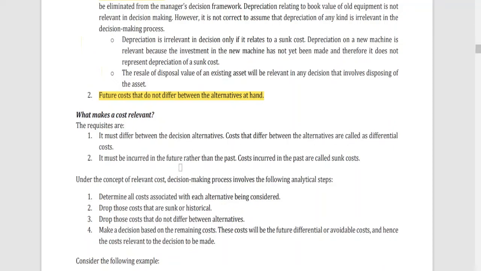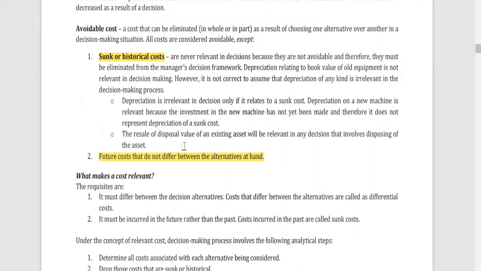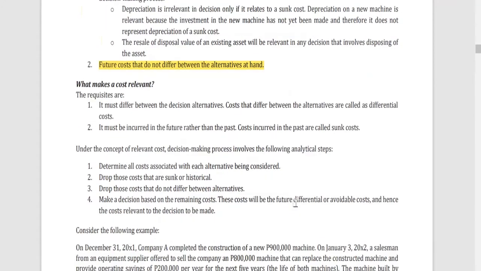Second, it must be incurred in the future rather than the past. And that future cost should differ among alternatives. Because if you can recall here, exception is a future cost nga wala nag-differ. So, kani dapat mag-differ. Because costs that are incurred in the past are called as sunk costs.